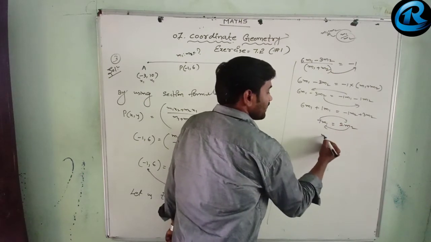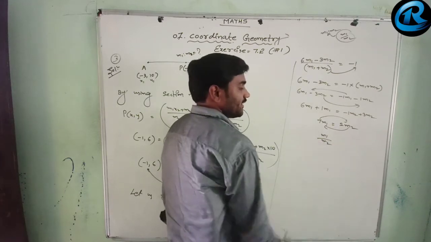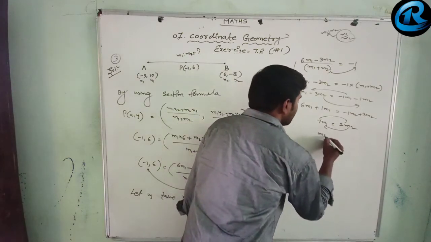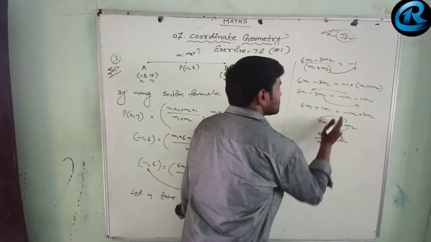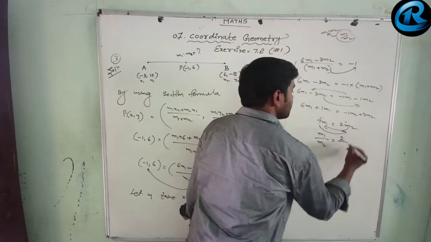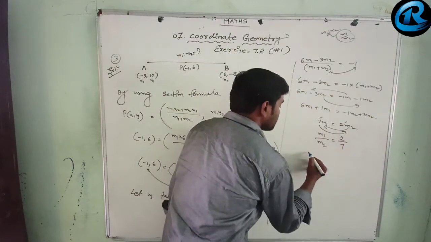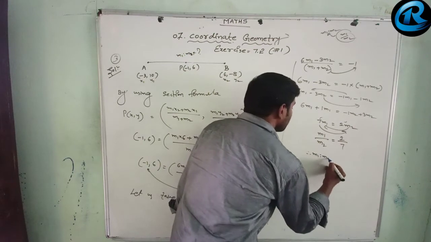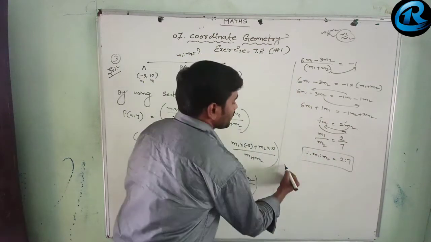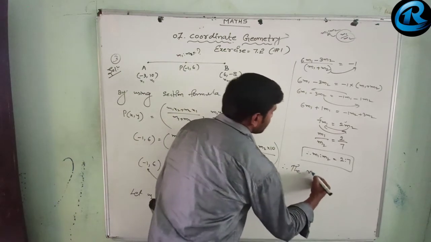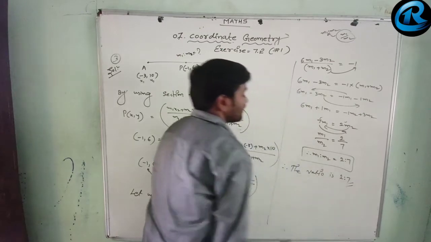See here m1 by this m2 is multiplying, so it will divide, m1 by m2 equal to here already 2, so this 7 also will transfer this side, that will be 7. Simple. m1 by m2 equal to 2 by 7, that means m1 is to m2 equal to 2 is to 7. Therefore the ratio is 2 is to 7. Very simple.